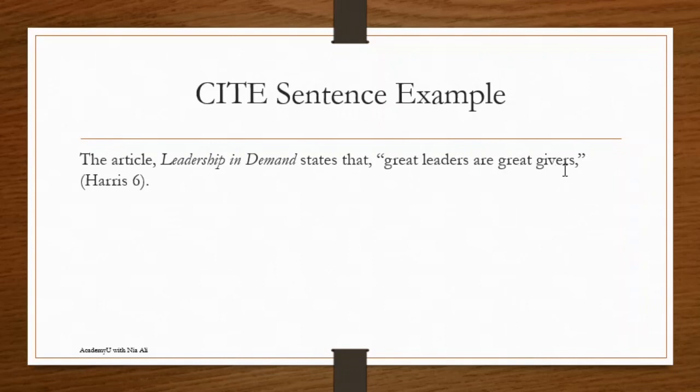Great leaders are great givers. And then at the end, I put my quotation marks around whatever information I brought from the article. I have my comma here, my parentheses, the author's last name, along with the page number, parentheses, period.